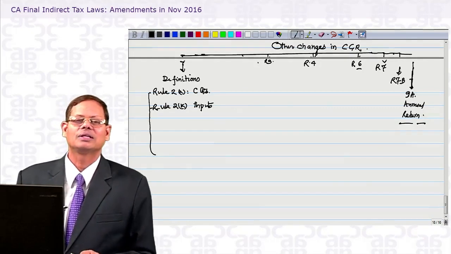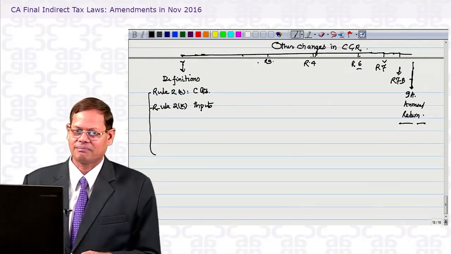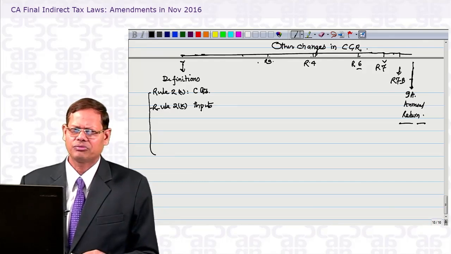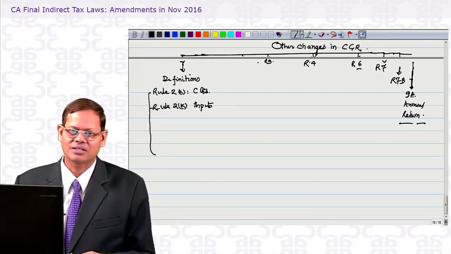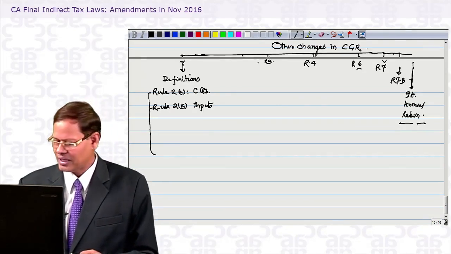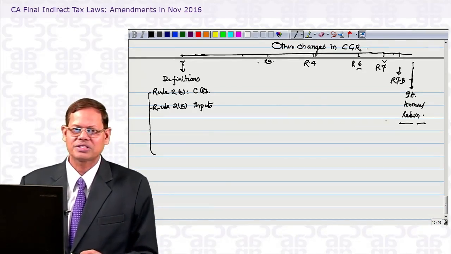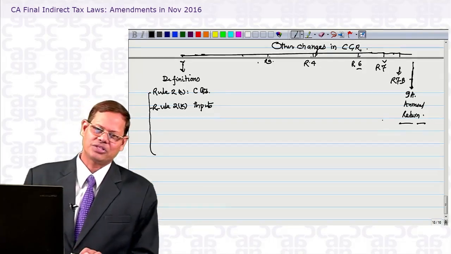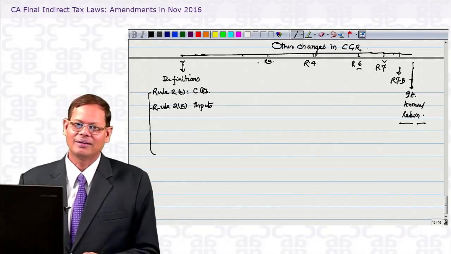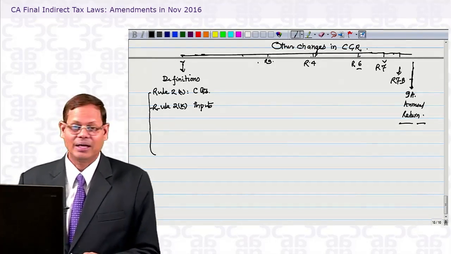From 2012 to 2016, at least 3-4 times there are changes. In 2014-15 they changed it, and again in 2016 they almost removed the change. Why they added something, why they removed it, they alone know.